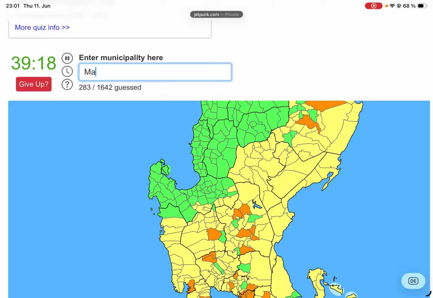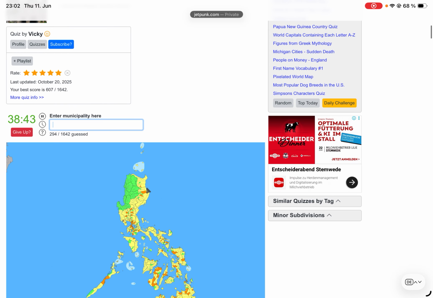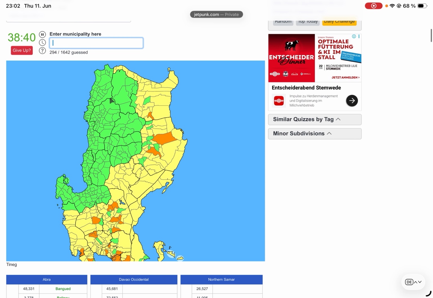This should be Natividad. Then we have Umingan, Rosales, and Balungao. And the last ones here in the south are Bayambang, Alcala, Bautista, Urbiztondo, and Basista.